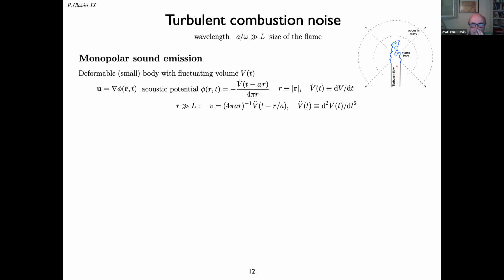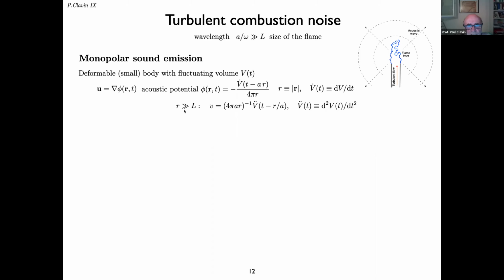This problem has been easily solved, and it turns out that the velocity at a distance r much larger than the flame size... the flame is considered as localized at the origin, and this is the same for this small deformable body with a fluctuating volume V(t).